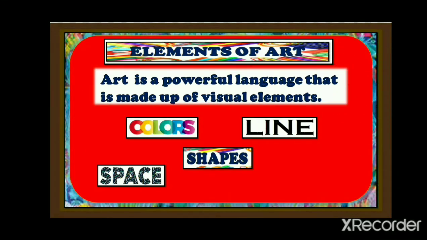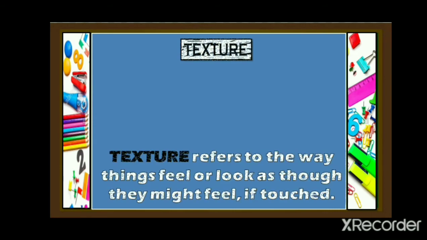And the last element of art is texture. Texture is an element of art that refers to the way things feel or look, or how they might feel to the touch. The principles of art are the guidelines that govern how artists must organize the visual elements to create a work of art.